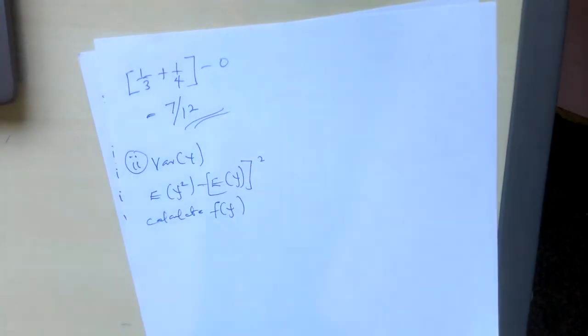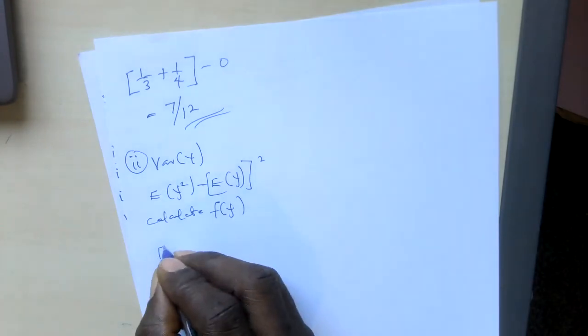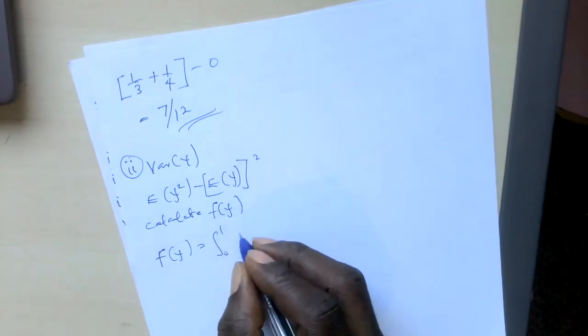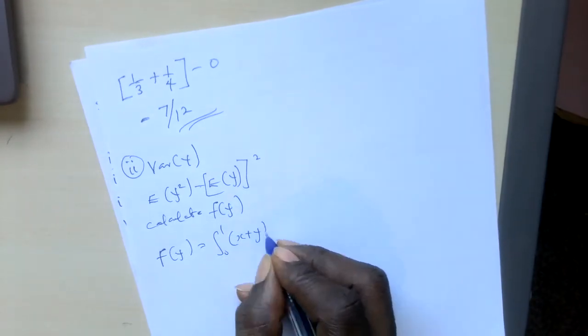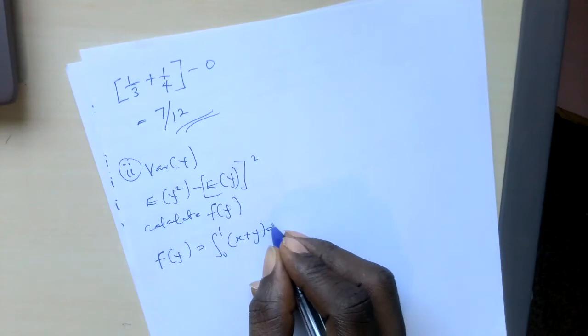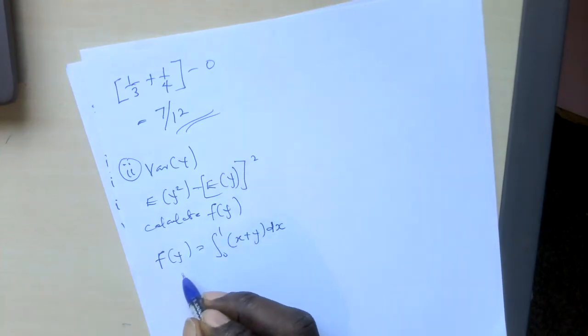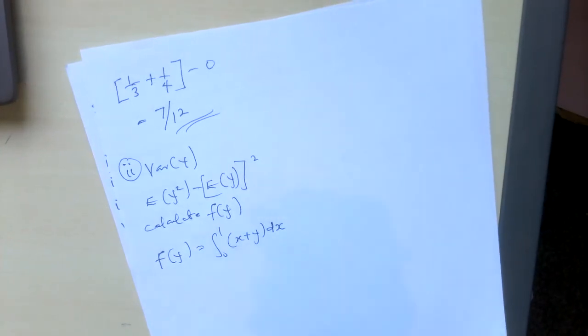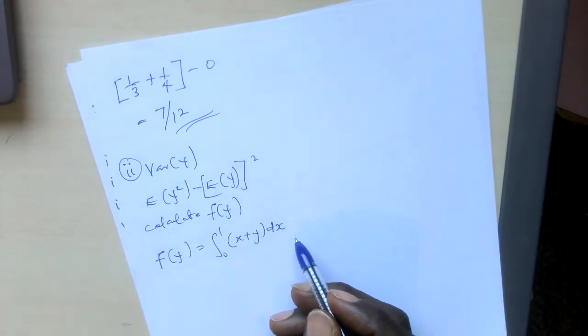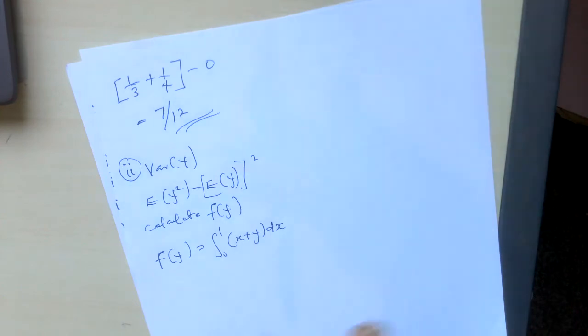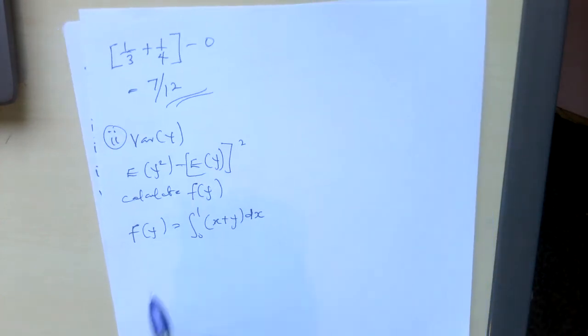Of course, from the joint distribution, f of y is this integral 0 to 1 of x plus y. We integrate with respect to what? Exactly, with respect to x. Why? Because we are extracting the PDF of y. So we integrate with respect to x and then substitute for the x values in order to filter out the x value and be left with y.